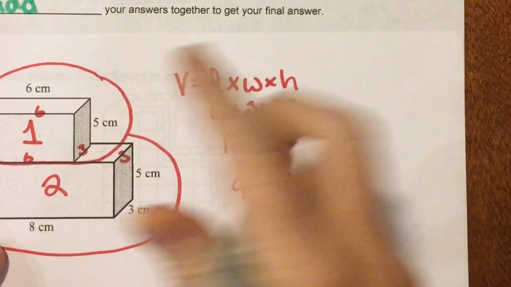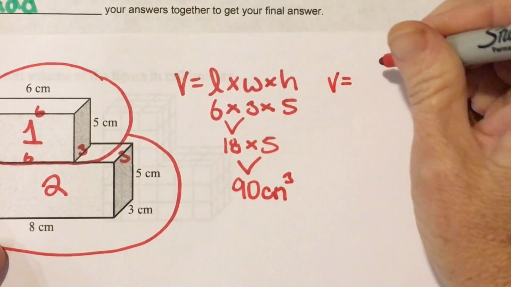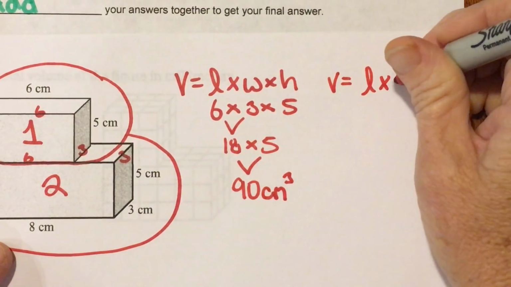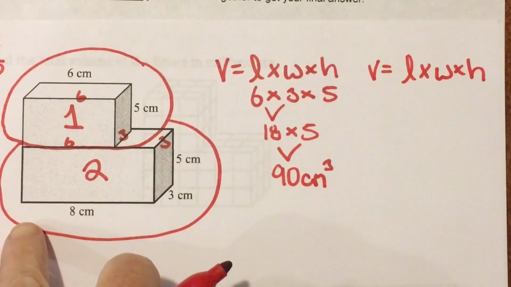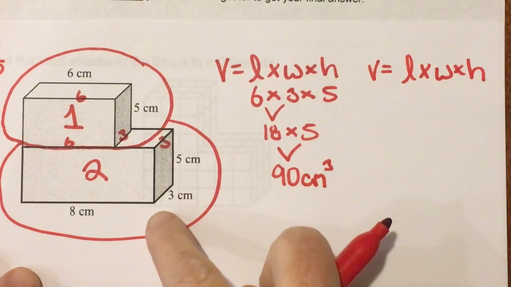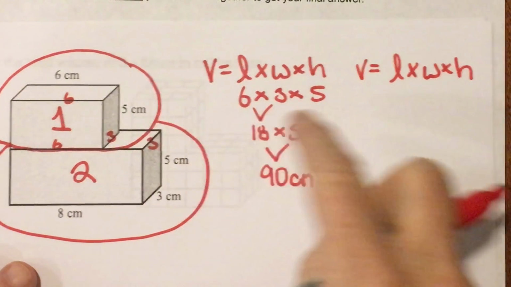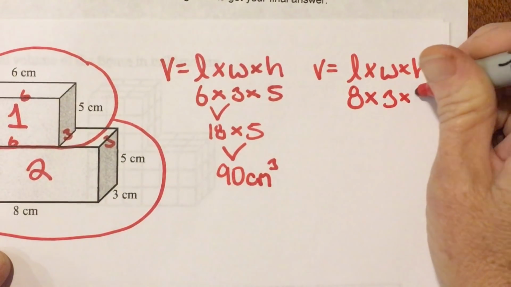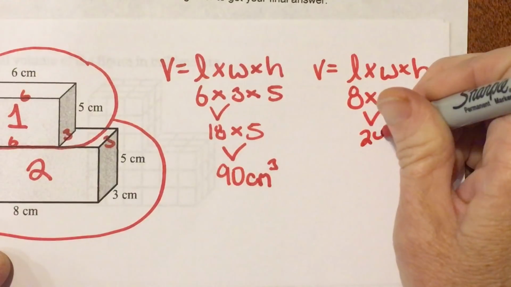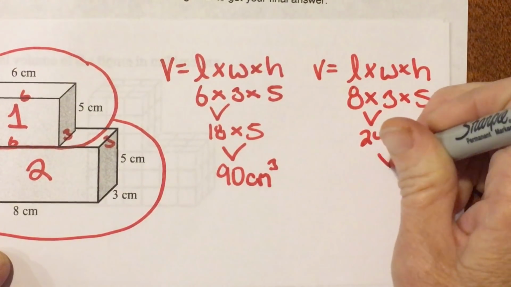I also need to find the volume of this box. I'm going to use the same formula because I think that one works best for these. So my length is 8, my width is 3, and my height is 5 again. I'm getting 8 times 3 times 5, 24 times 5.